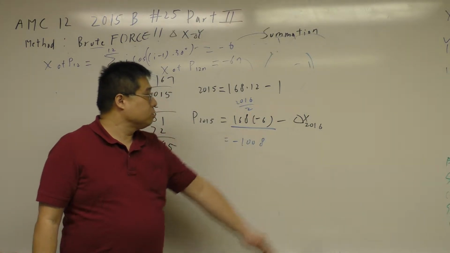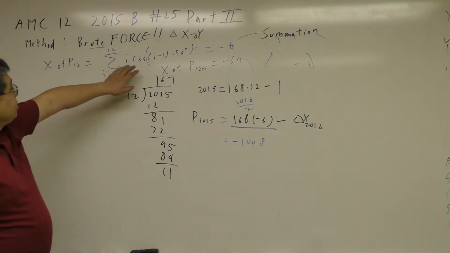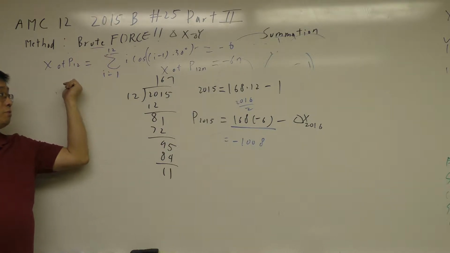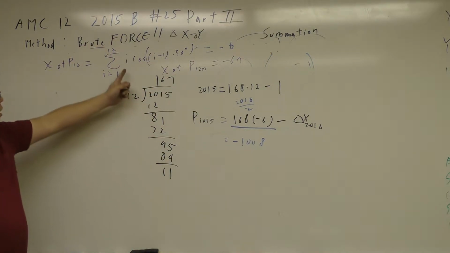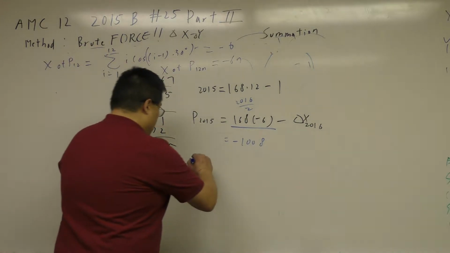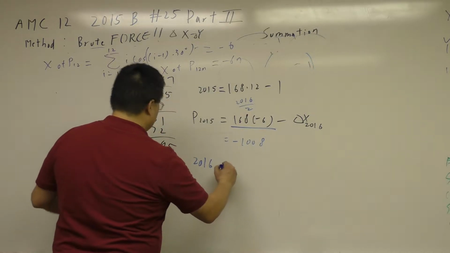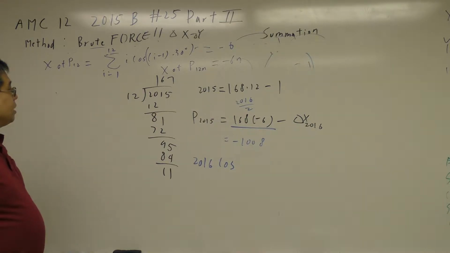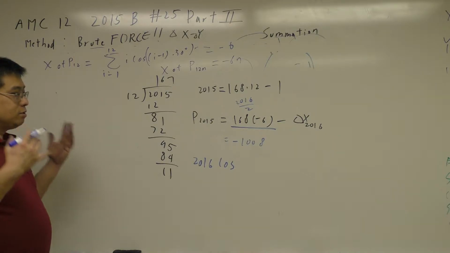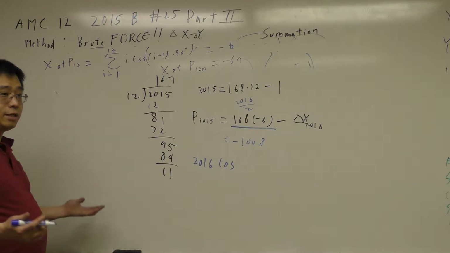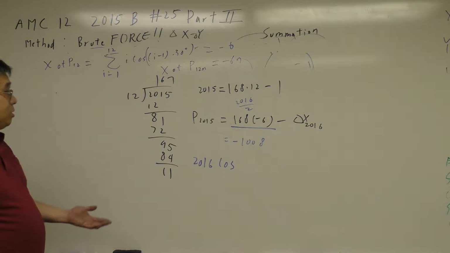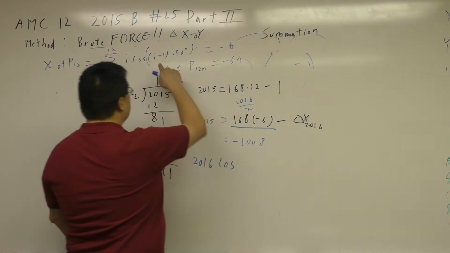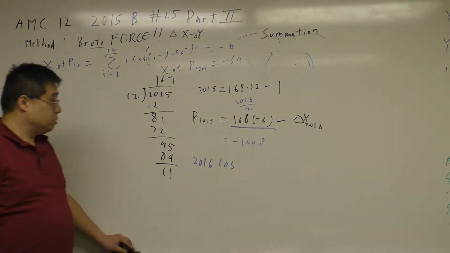Now, what about the 2016's coordinate? If you use the formula we got here, where I just limited to 12 since I was only looking for the first 12 points, but now since we're going all the way to 2016, use i equals 2016. We have 2016 times cosine of 2016 times 30 degrees. That's going to be a handful, but we know that you can just subtract 360 degrees how many times until we get a convenient coterminal angle to use. So the angle should be minus 30 degrees.